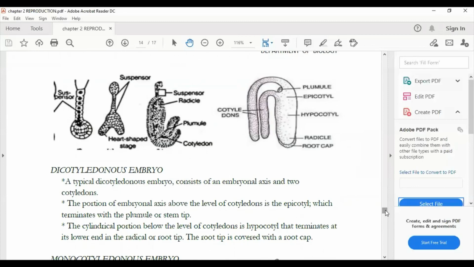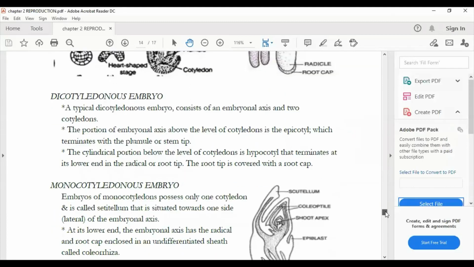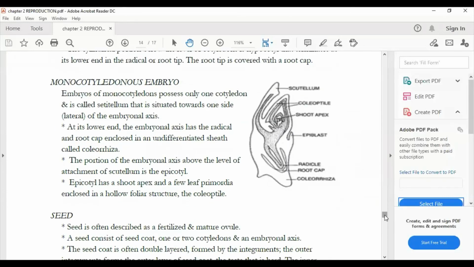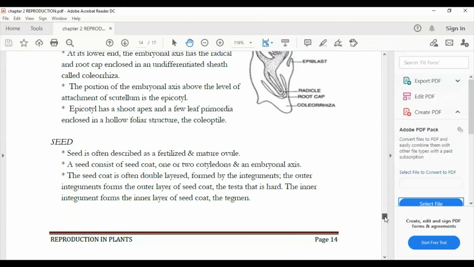Moving on to the embryo, that is dicotyledonous embryo and monocotyledonous embryo. These are the 2 types of embryo. The diagrams also can be asked and the explanation also can be asked. So make a note of the monocotyledonous embryo and dicotyledonous embryo with diagram.